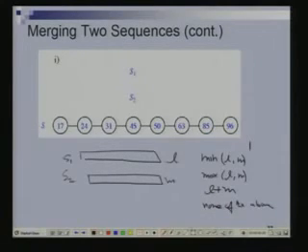Which do you think is the right one? Min?